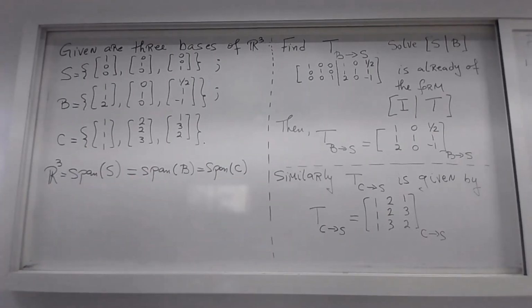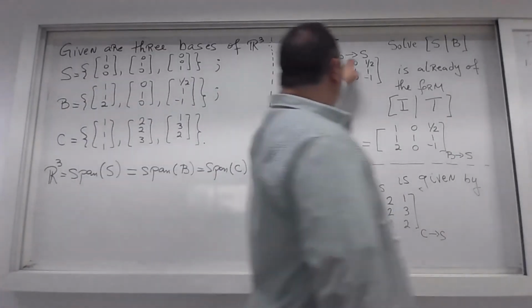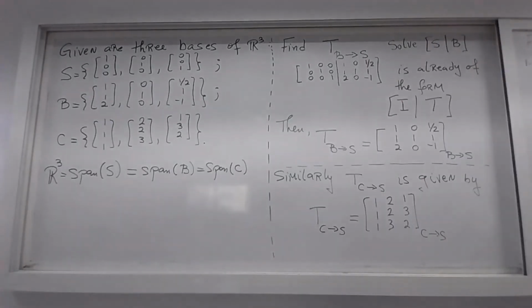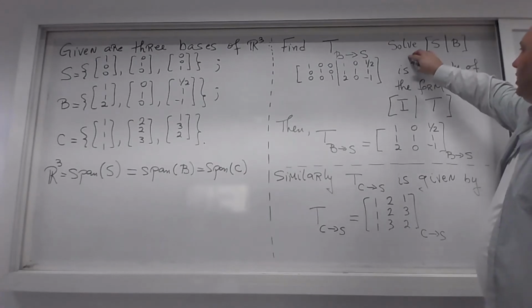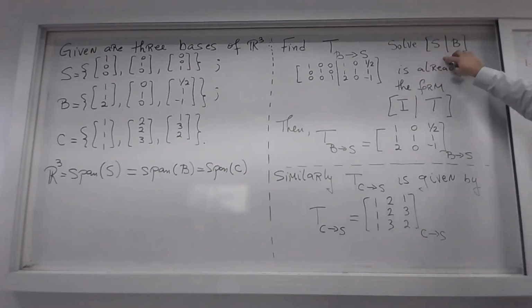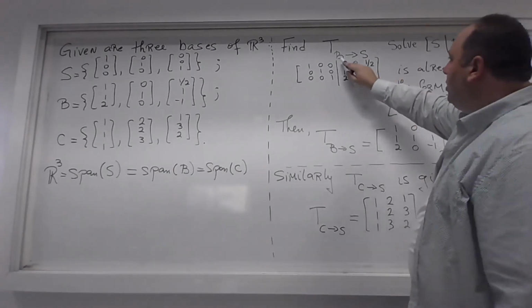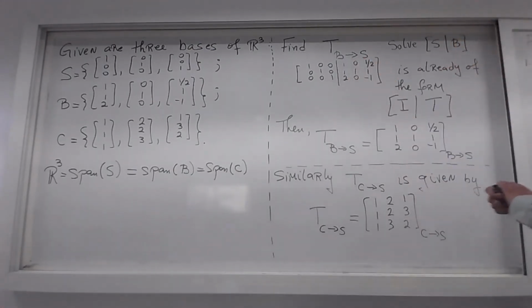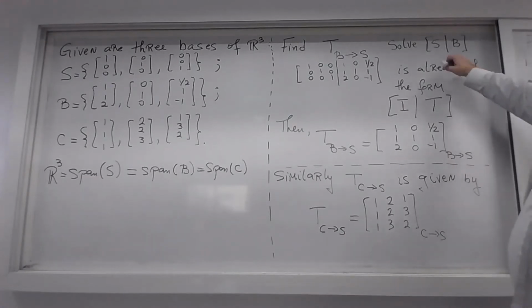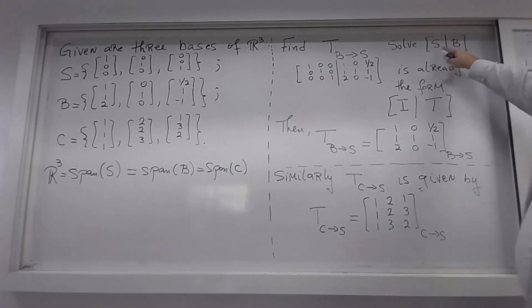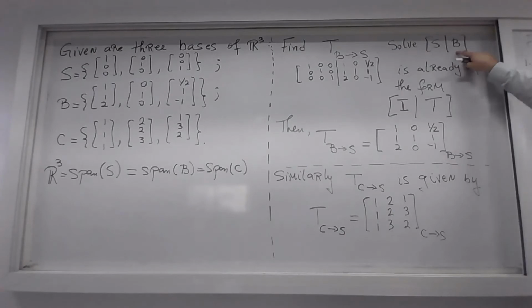Let's now compute the transition matrix from basis B to basis S. S is the standard basis. We already know what's going to happen. Schematically, what we need to solve is an augmented system of the form S slash B. The transition matrix from B to S means that I need to express every vector in B as a linear combination of vectors in S. So S will form a matrix, slash, and B will form the right-hand side.